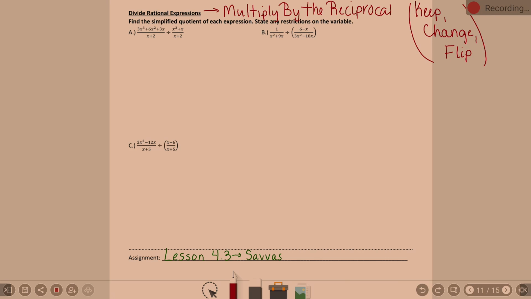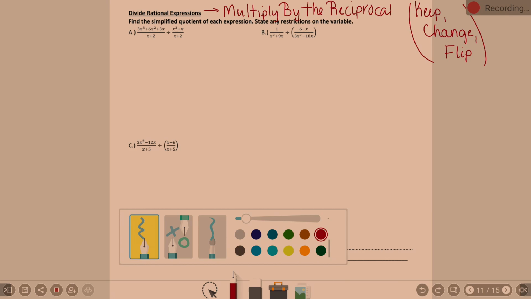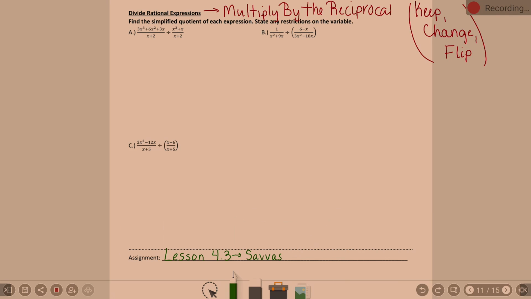What do you remember? I personally, as a teacher, am going to rewrite this into a multiplication problem before I do my factoring. However, if you are talented enough that you want to do your flipping as you do your factoring, you can do that as well. Does that make sense? I just want to be consistent here.